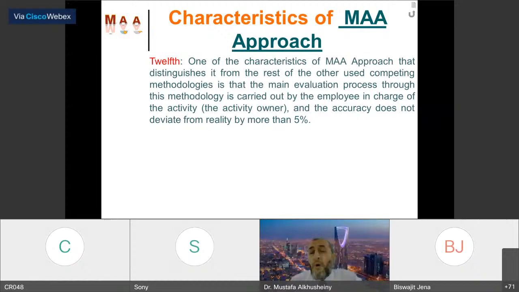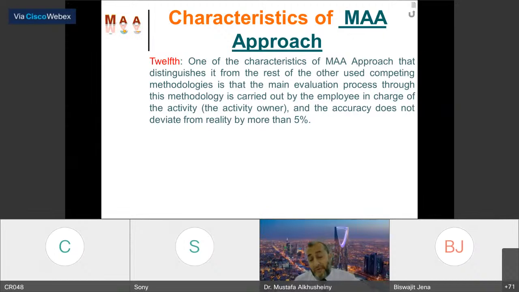Now, who can evaluate the activity or the process of making the coffee? Either the owner of the activity or the boss. The tea boy will be the best person who can evaluate the process itself, because all the environment of that activity is under his vision.